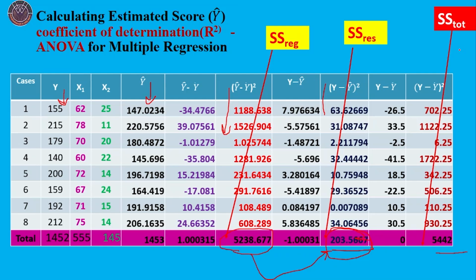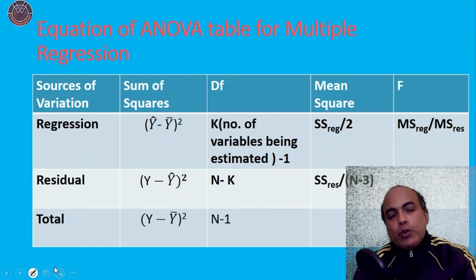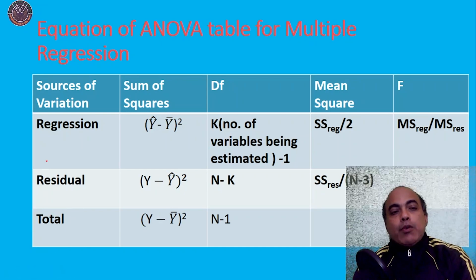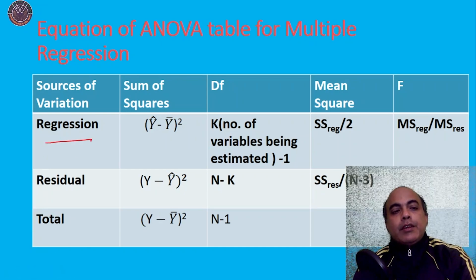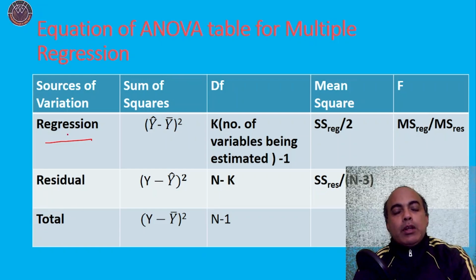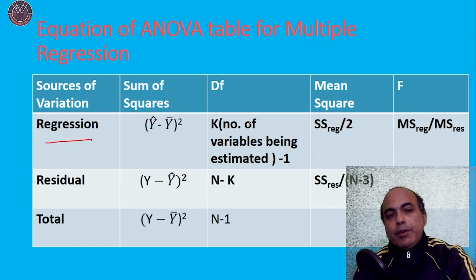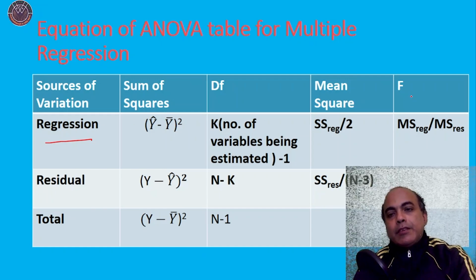So now we are in the position to construct the ANOVA table to perform the F test. After obtaining the sum of squares of regression, residual, and total, we can construct the ANOVA table so as to perform the F test.